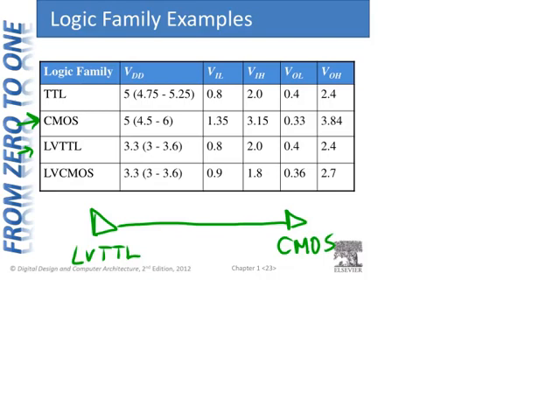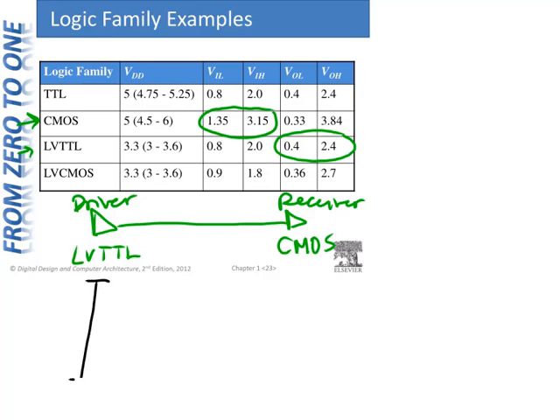So our driver is the low voltage TTL, LV TTL, and the receiver is the CMOS gate. So we're interested in the output characteristics of the low voltage TTL and the input characteristics of the CMOS gate.